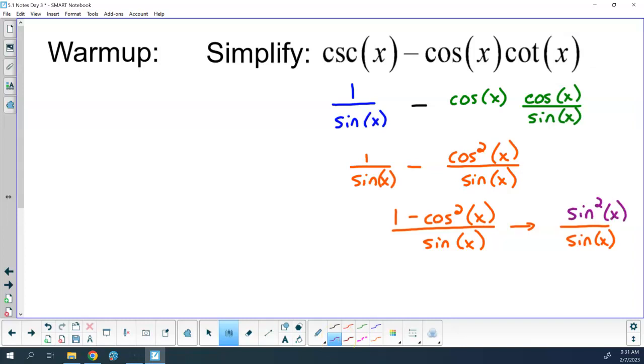Sine squared divided by sine then is just sine. So that whittles all the way down to just sine.